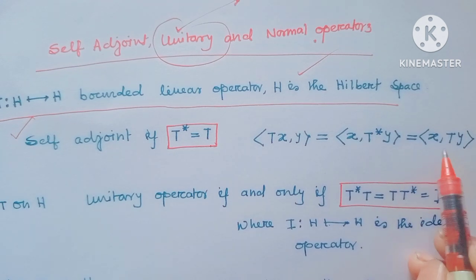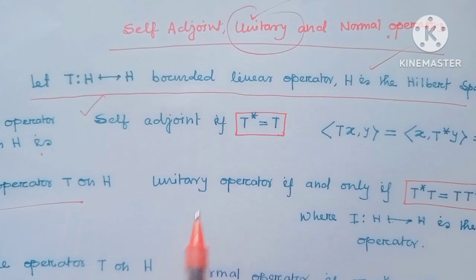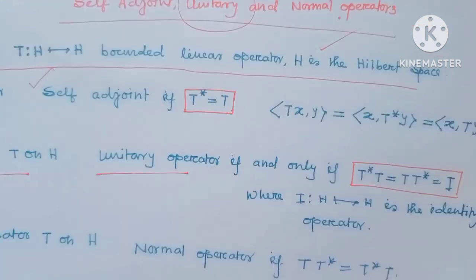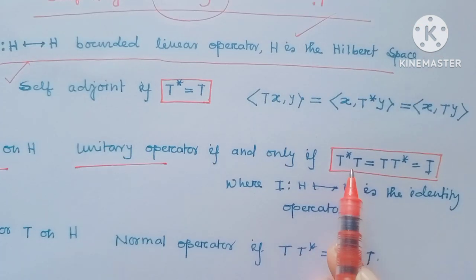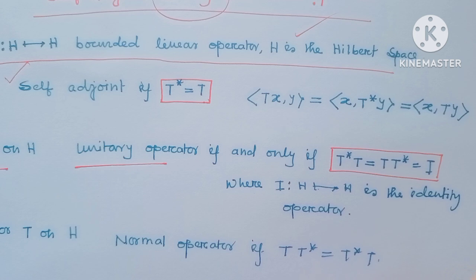This is equal to inner product (x, Ty). The operator T on H is unitary if and only if T star T equals T T star equals identity.